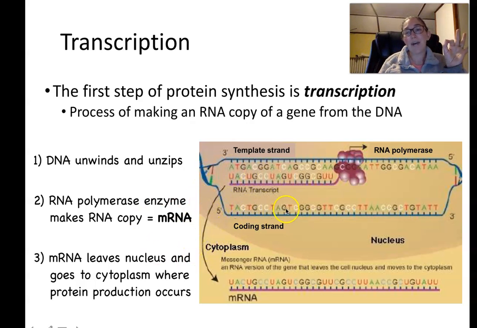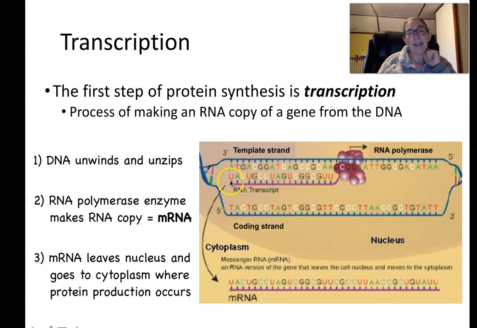So we want to copy this recipe, and so we have to use the opposite strand as our template so that we can make an RNA strand that is identical to the coding strand, to that gene. So the template strand is just the one that we use to make a copy of the one we actually want, which is the opposite strand.